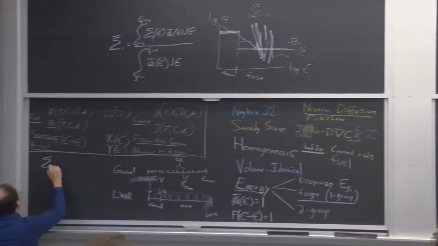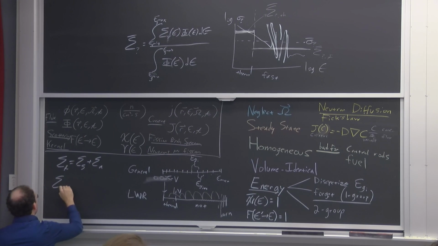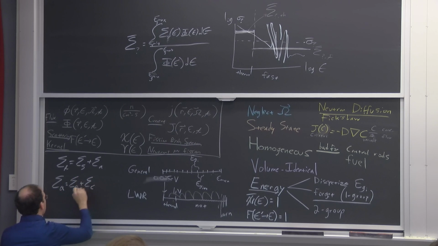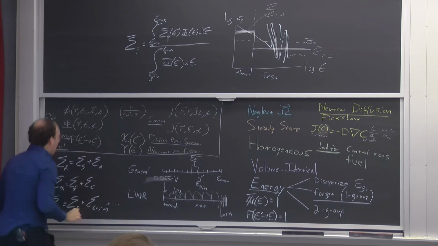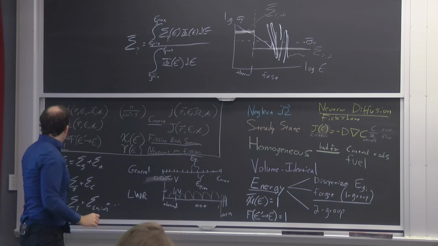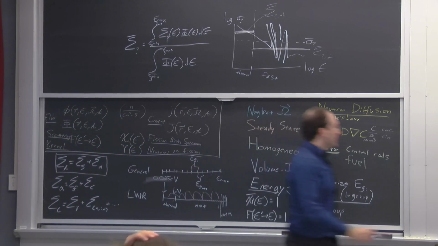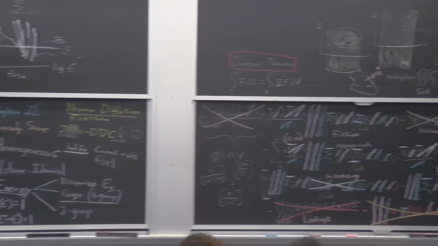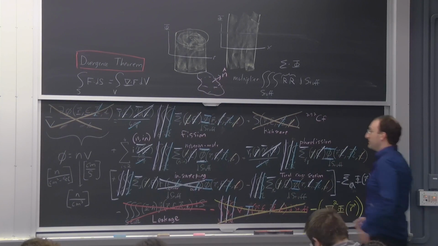We said that our total cross-section is scattering plus absorption. And absorption could be fission and capture. And capture could be, let's say, capture where nothing happens, plus these n reactions, plus any other capture reaction that does something. So we're going to use this cross-section identity right here with a couple of minus signs on it and say, well, scattering minus total leaves you with negative absorption, to simplify terms.